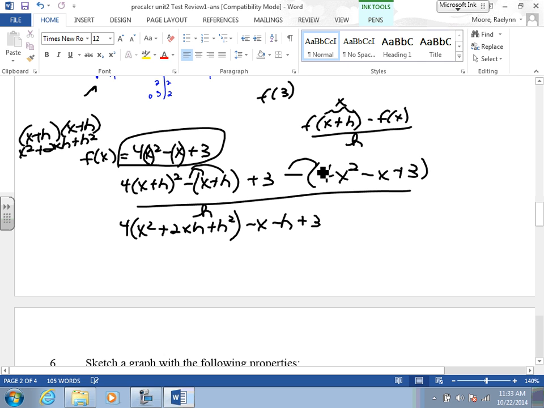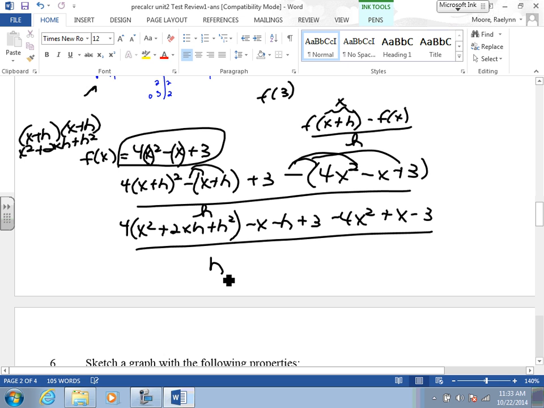Distribute this negative, everybody changes the signs. I'm going to put this right under here, just for space. I'm distributing this over here. Okay, so we did it that way. Now, when it's 4h squared, thank you.